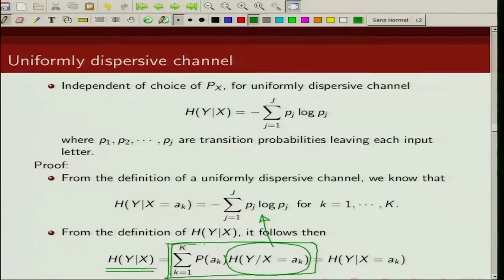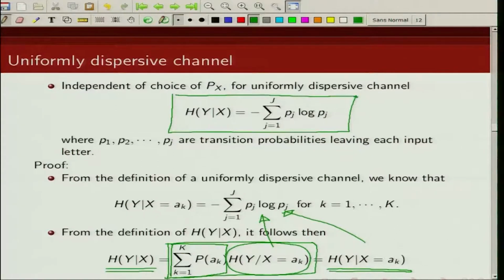So you take this out, then you are left with the summation of P of ak over all k's, and that summation is 1. So we have proved that the uncertainty in y given x is given by this.